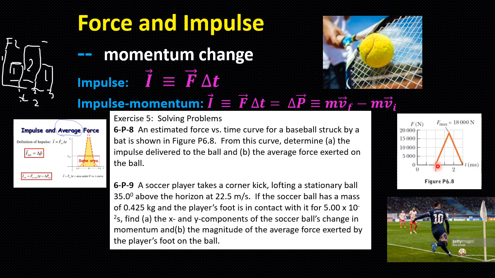So the base is 1.5 milliseconds and the height is exactly given, 18 newtons. So let's see what the area of this triangle is. That's actually the impulse. We try to estimate the area under this shape, and in fact, in this case, we almost exactly know it.